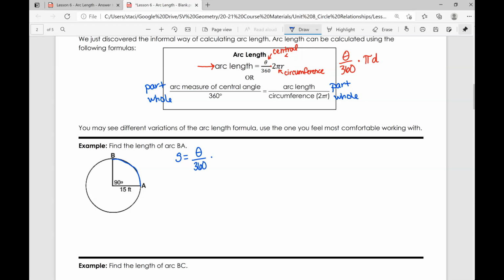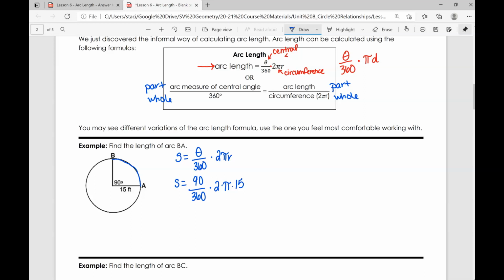And so in this case, since I have the radius, I'll use 2 pi r, but you're welcome to use pi times diameter. So I have my central angle, which is 90, over 360 times 2 times pi times the radius, which is 15.